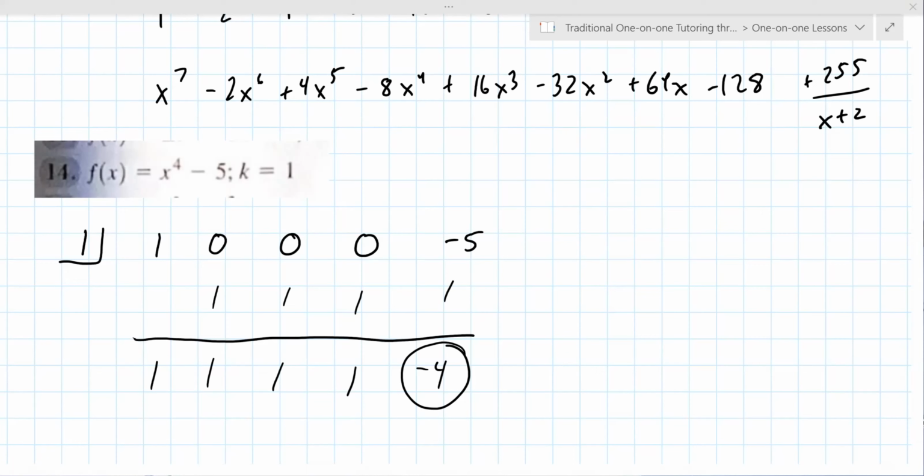And then 16. Yeah, so 16 is next and very similar here.